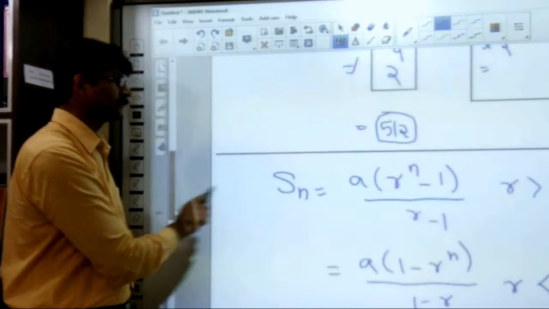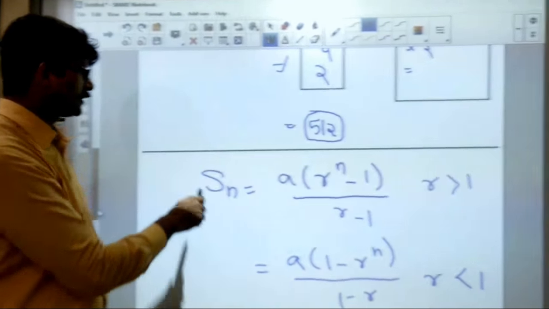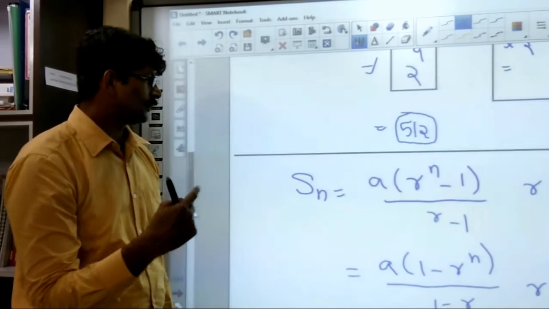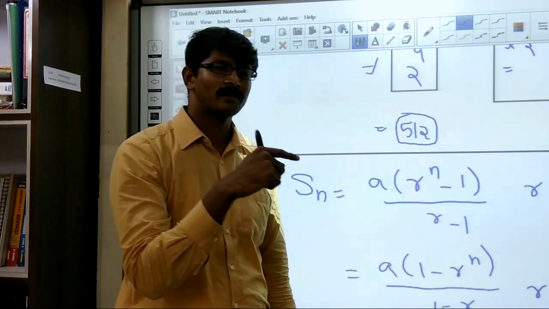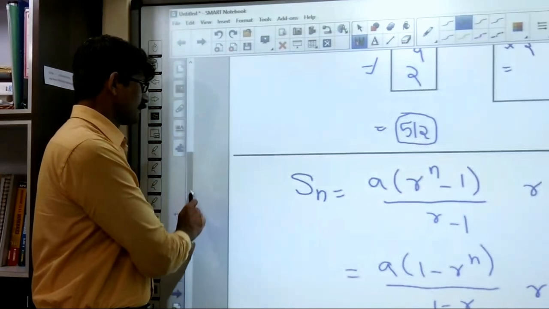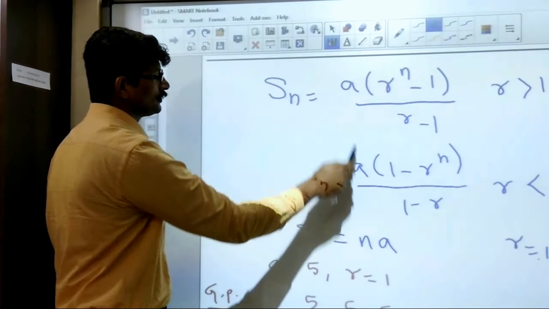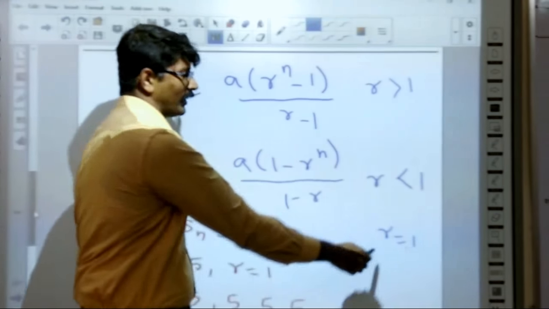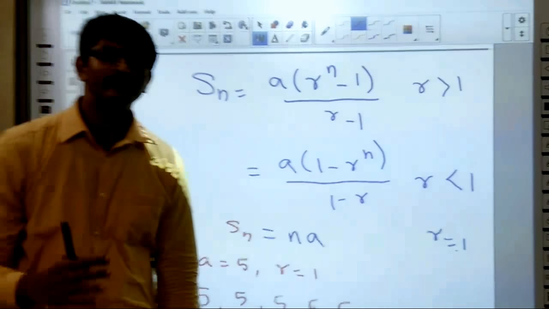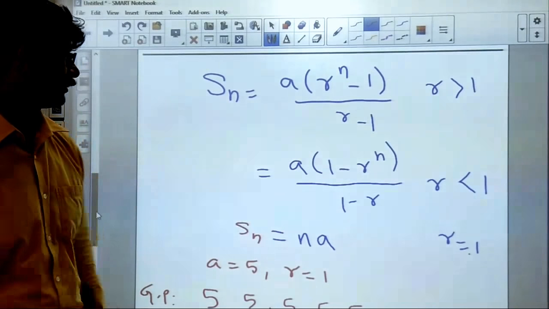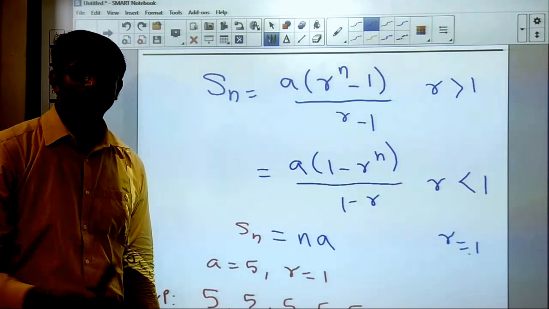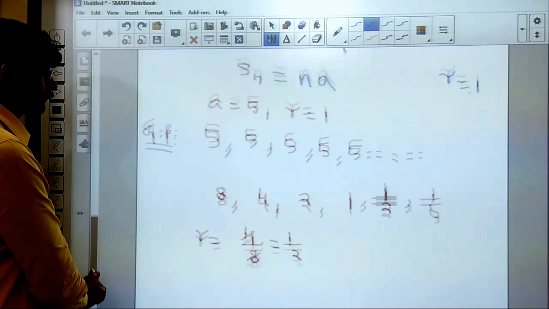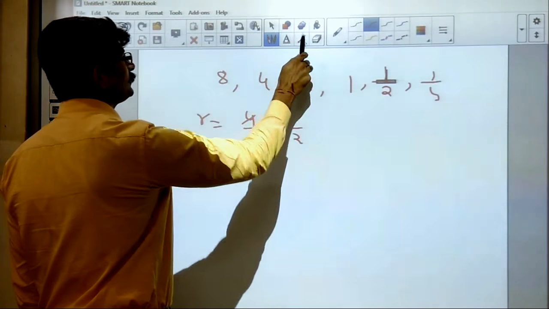Fourth, Sn is nothing but the sum of the terms of that particular geometric progression. For Sn, we've learned 3 formulas: when R is more than 1, when R is less than 1, and when R is equal to 1. This is what we have finished by now. So let's move further on to the next formulas.